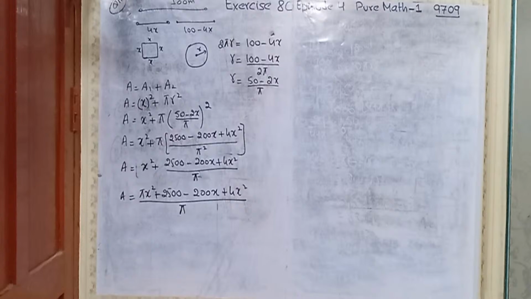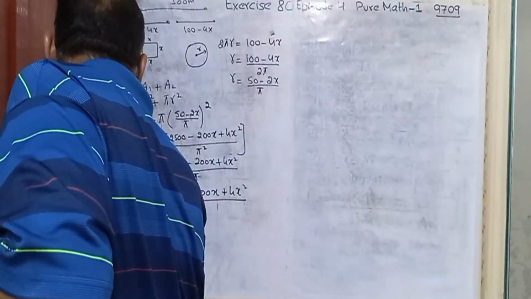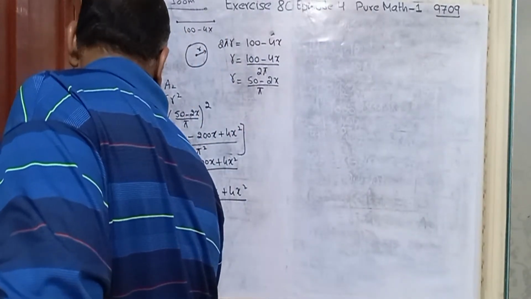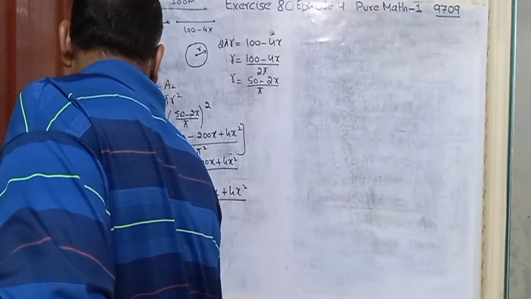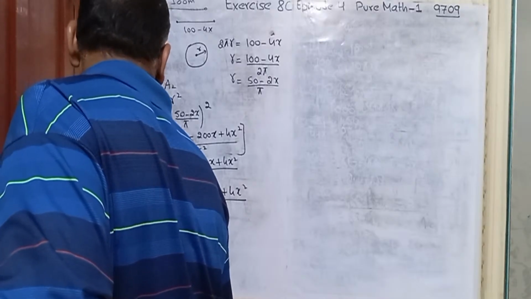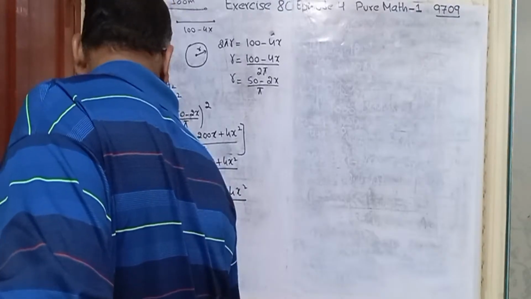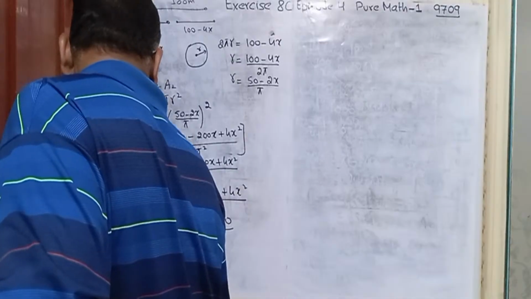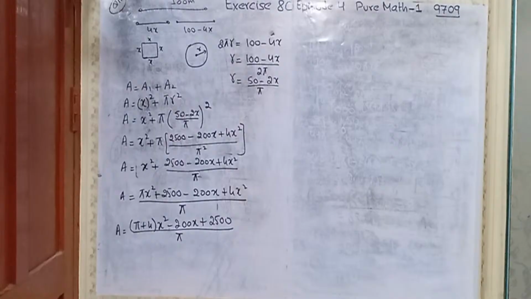You can bring them together and take x square common. So you will have area equals pi plus 4 into x square minus 200x plus 2500 divided by pi. So this is the area of those two shapes. And the answer is right, sir.